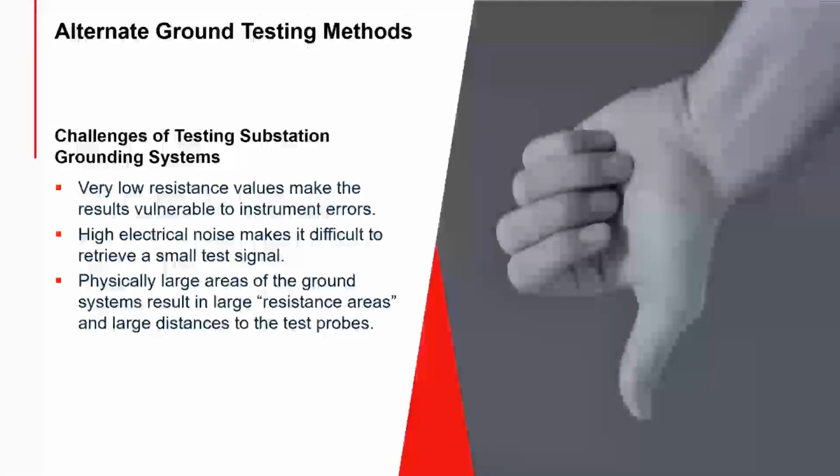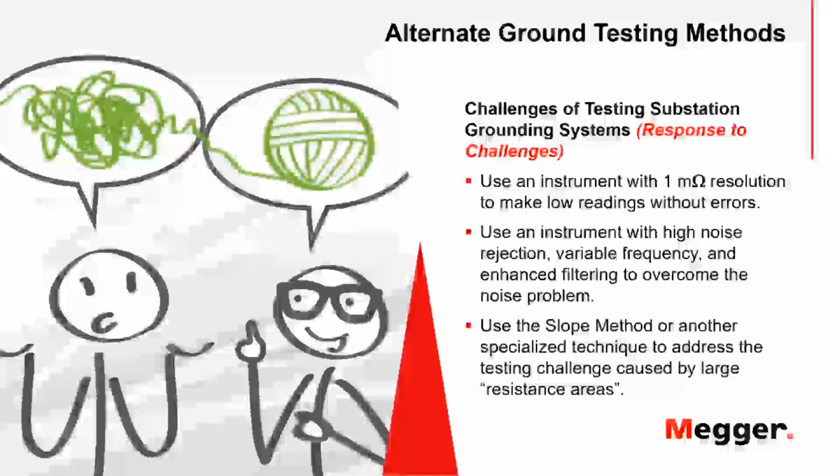Okay, so we only have a couple more things to run over quickly. Substation, these are some of the problems that you deal with on substations. Next. Make sure that you have a high-end tester that gives you a lot of resolution on your measurement, because on substations, you typically want to measure less than an ohm, and so you don't want to use an inexpensive tester that doesn't give you very much resolution.